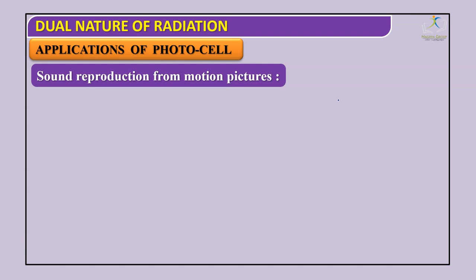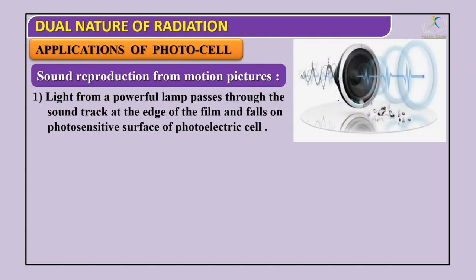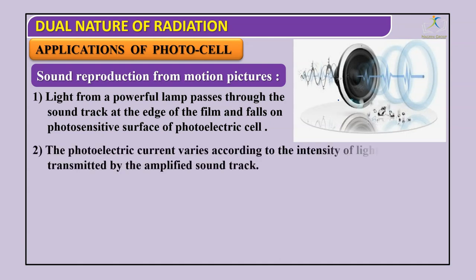Sound production from motion pictures. When the light is very powerful, nearby objects get disturbed. So in that scenario, the sound track is at the edges of the film and falls on the photosensitive surface of the photoelectric cell.